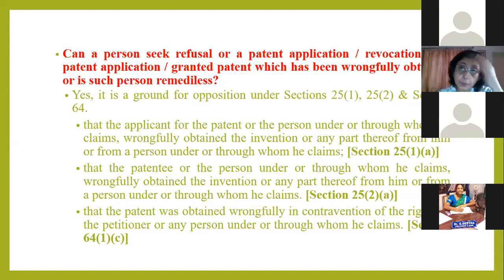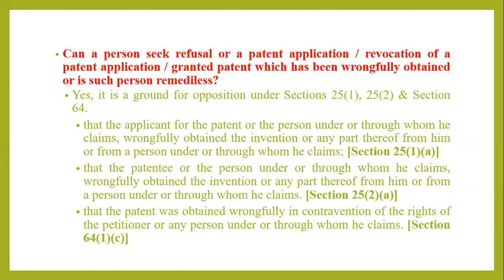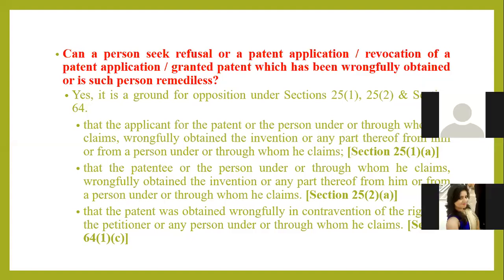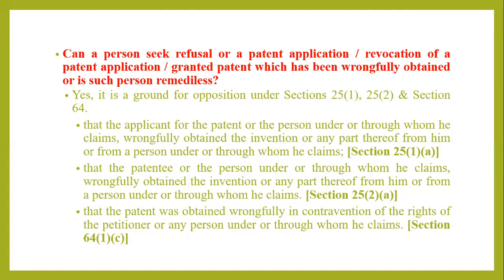So, you see, obtaining is a very important feature. If it has been obtained from the applicant without his consent, that is not considered as an anticipatory document or anticipation if it is published. And for the opponent who is opposing a patent, before grant or after grant, because in India we have oppositions before grant, after grant, and even revocations, the opponent proves that the patentee or the applicant had actually obtained the invention from him without his consent and filed the patent in his name.